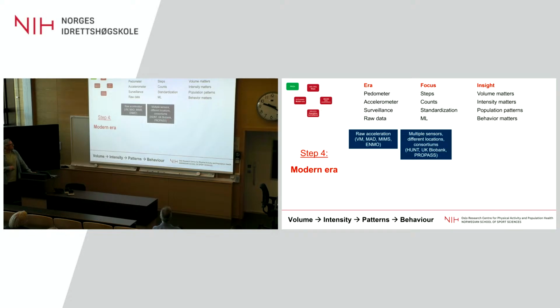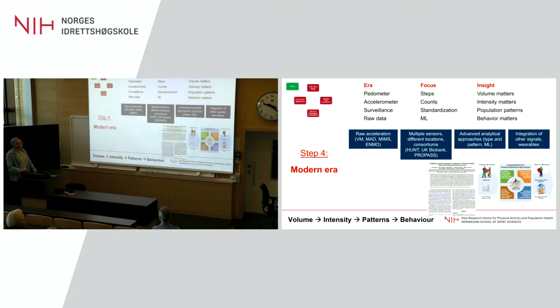There are huge ongoing efforts. We have Aiden here today to perhaps show us something from the UK Biobank, which is a tremendous resource. There are ongoing initiatives, prospective consortiums like ProPASS. We have the Adult Accelerometer Consortium, and we have plans on various new consortia.